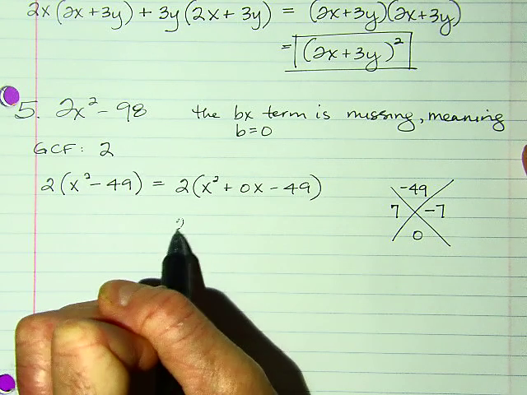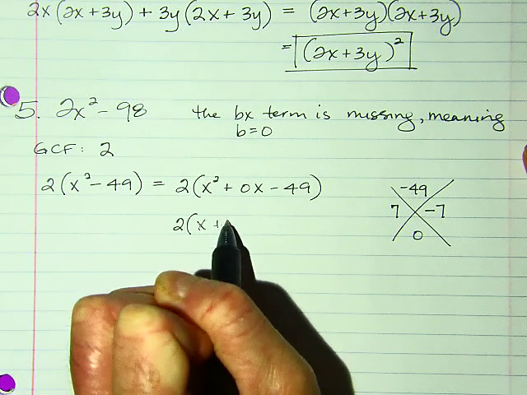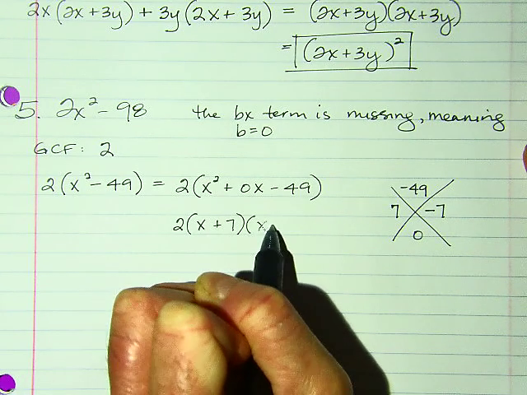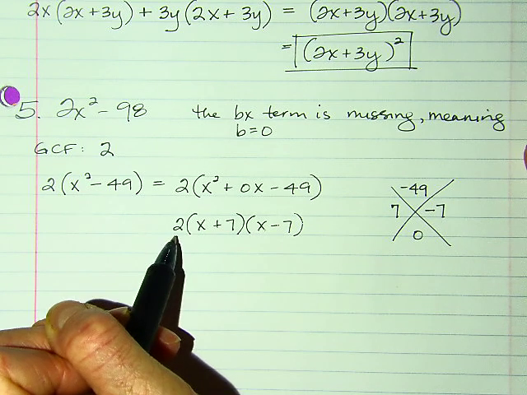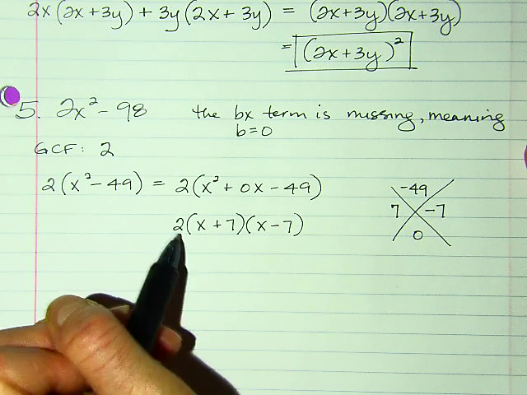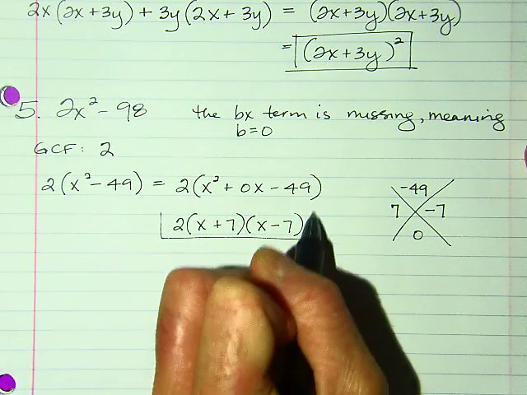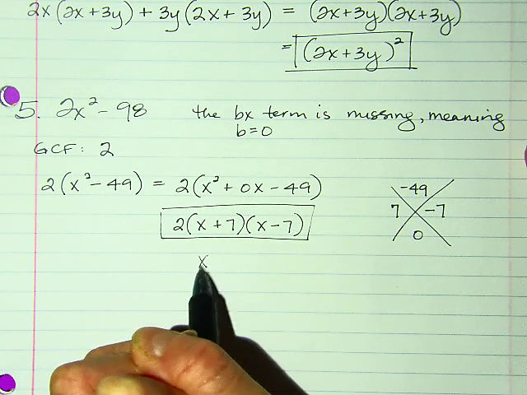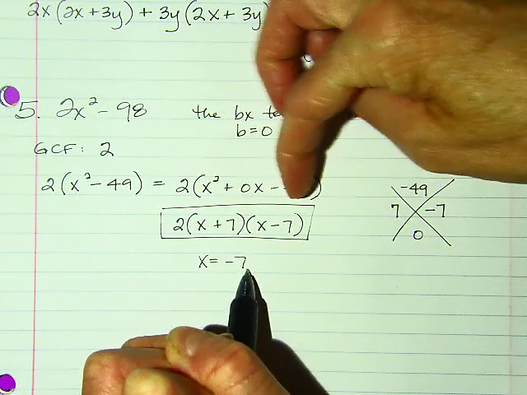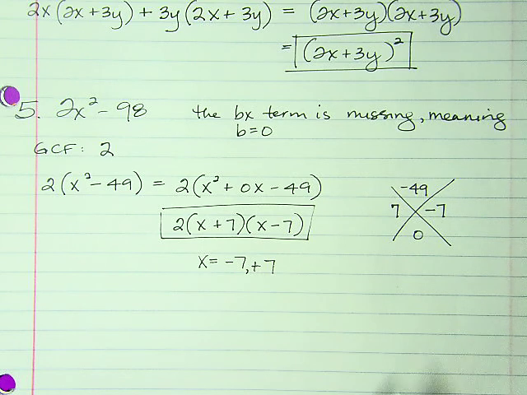So those are my factors, x plus 7, x minus 7. Notice the GCF just hangs out front. So these would be my factors. My solutions would be a negative 7 and a positive 7. So I'm going to stop there.